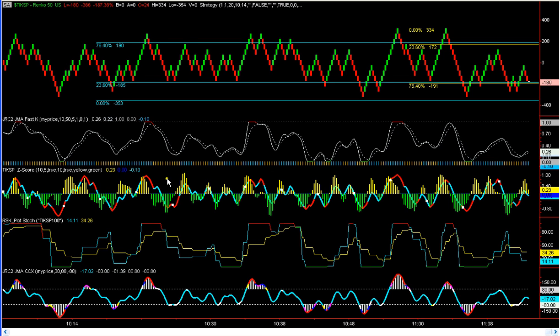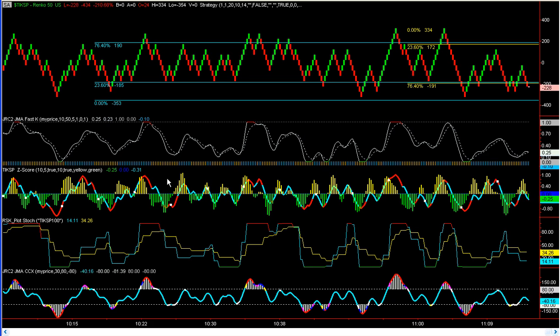Just take a look at where the pivots most likely were, and then just go in and make an adjustment on the indicator, and that will then allow you to see more what the current pivot points are. The CCX, overextended here, here, here, and again here.